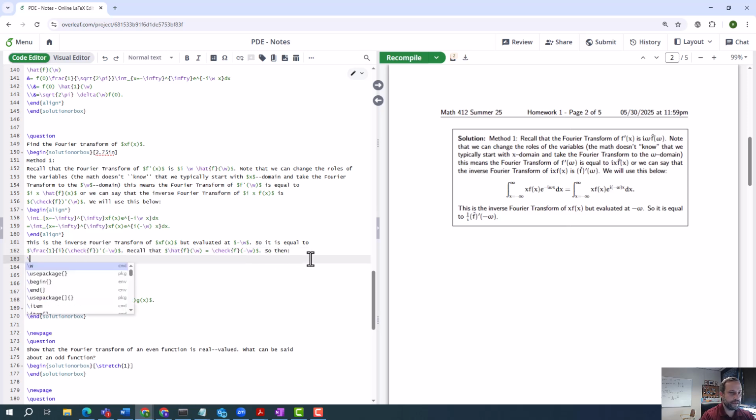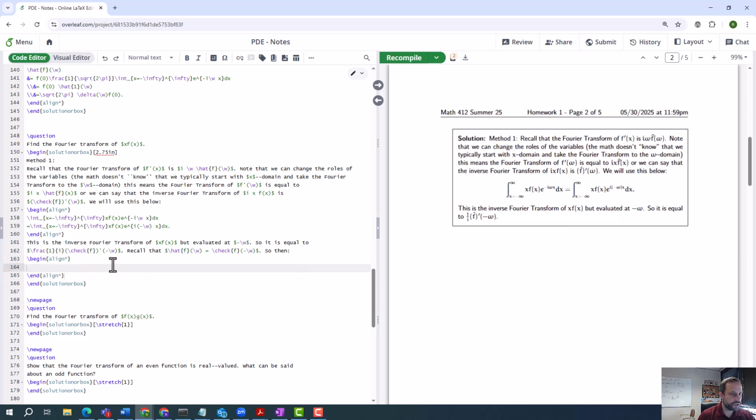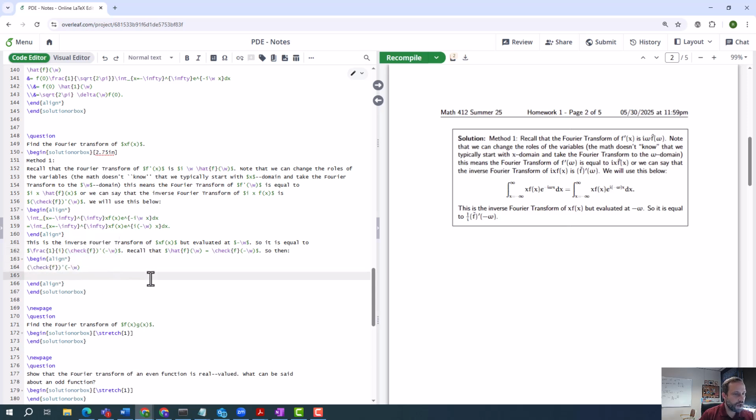So what we're going to have here is the following. If I just look at this right here, remember this is the derivative of f hat evaluated at omega. So this is the limit as h goes to 0. This is just the difference quotient.